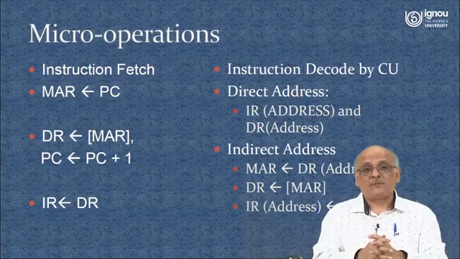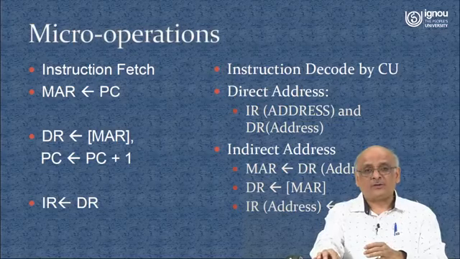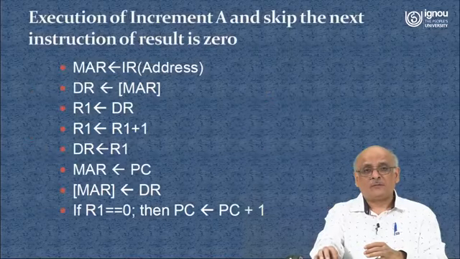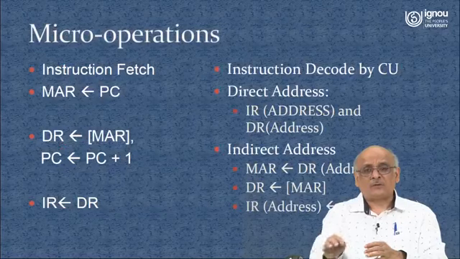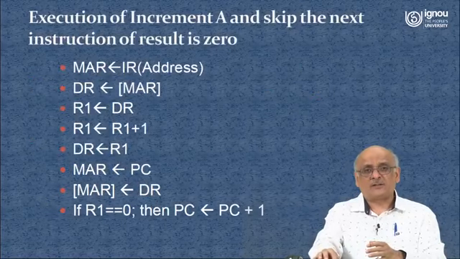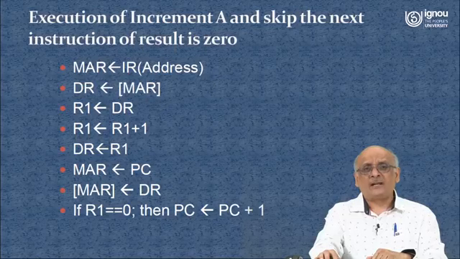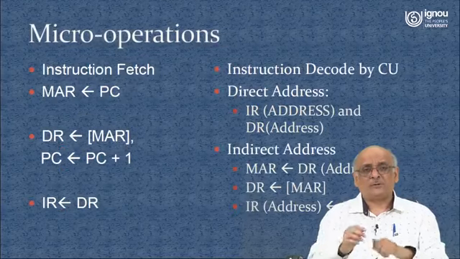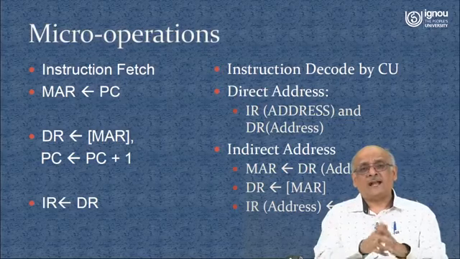Think in terms of any instruction you take. Suppose we assume this instruction: increment A and skip the next instruction if the result is 0. That is, add and skip.